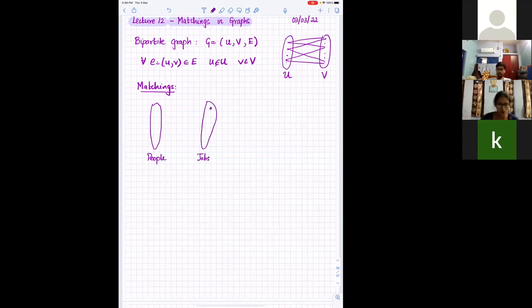For example, there can be plumbing, carpentry, some sort of electrical work, some home interiors and so on. And then there are people on the other side. Let's call them A, B, C, D, E, and so on.